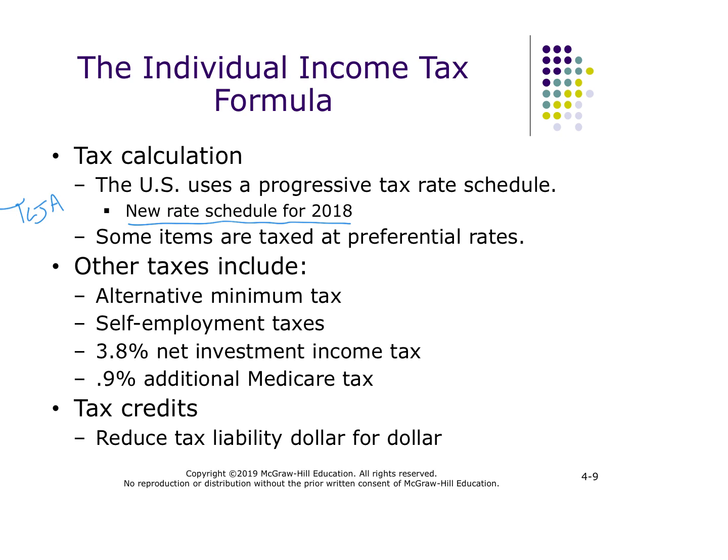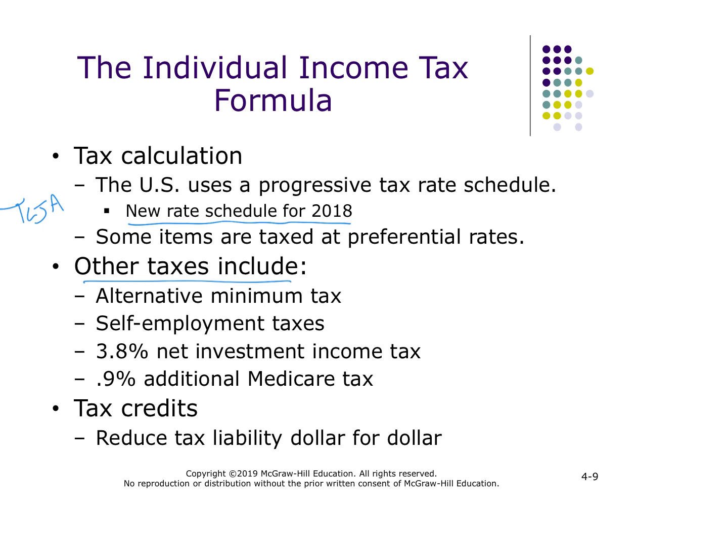So we're on Tax Cuts and Jobs Act tax rates. Now, the rates change every year, but the percentages and the brackets fundamentally changed for 2018, okay? So some items are taxed at preferential rates. We've already talked about that. And then we had that other taxes line in our formula. And these are examples of those other taxes. We will talk about all of those in turn, okay?